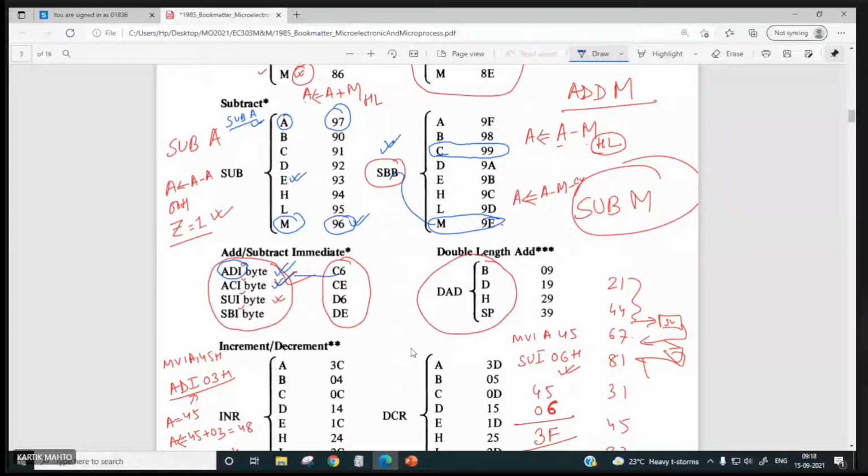In this case, what will happen? A plus byte, plus the carry flag in the case of ACI. Similarly, SBI byte: A minus byte minus the carry flag will be there.